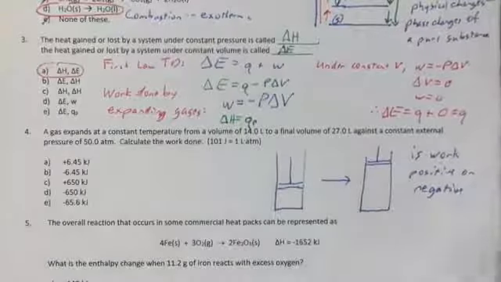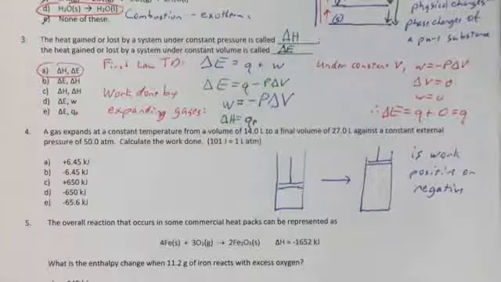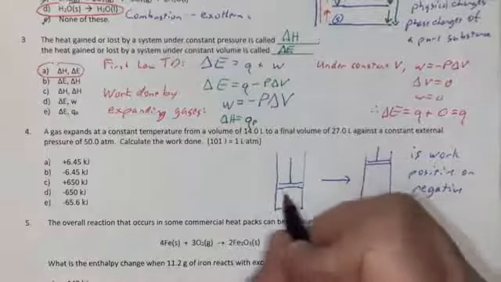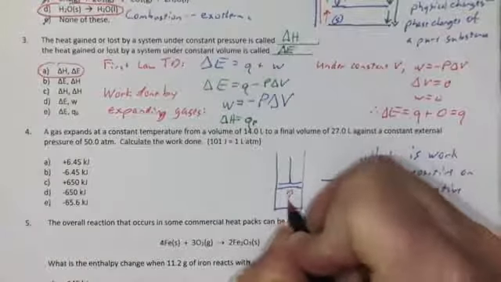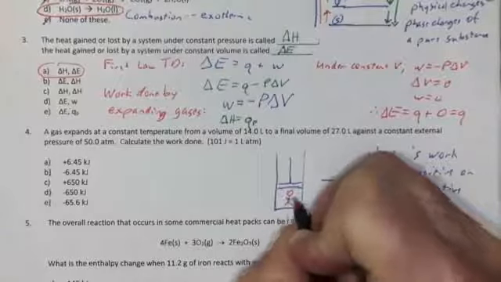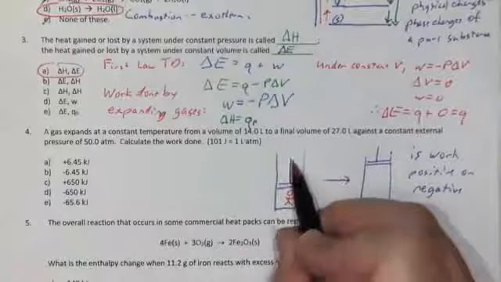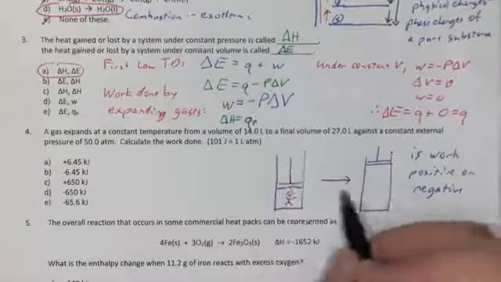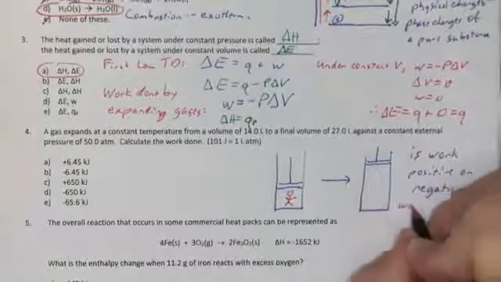Well, you need to focus on the fact that in this class, we will always determine the work from the point of view of the system. And so the point of view of the system is inside, it's the gas itself. I'm going to draw a little stick figure. That represents where our point of view is. Our point of view is from inside this. And if we're pushing up, in this case, work is negative.